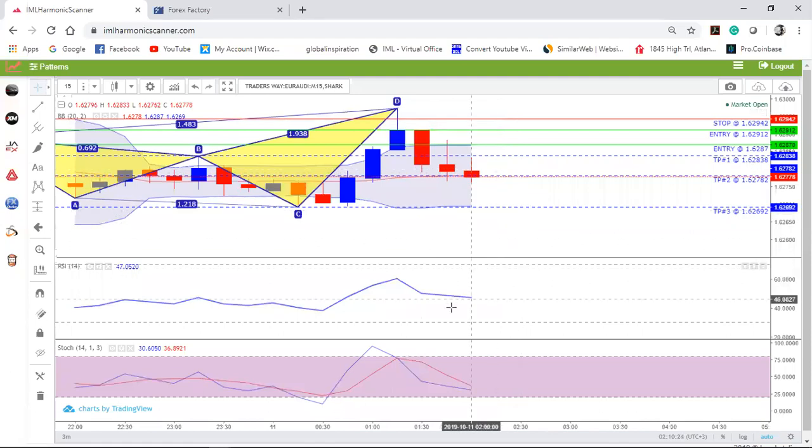Now, these other ones, when you're going in for a sell, you want the RSI to be around the 60 mark. And 60 is right here in the corner. See the 60? When you're going in for a buy, you want it to be closer to like the 30 mark would be better.